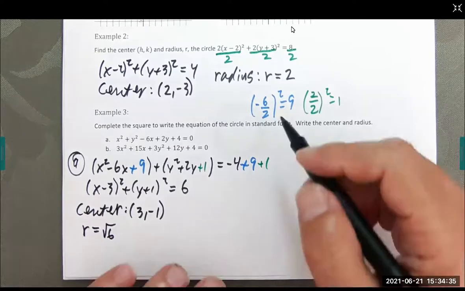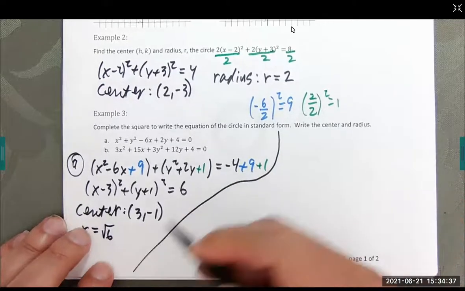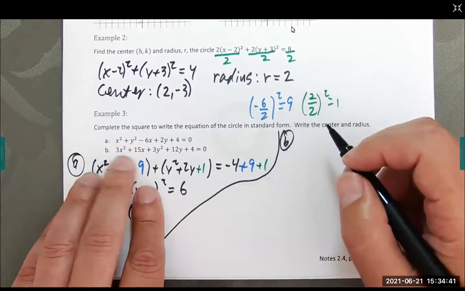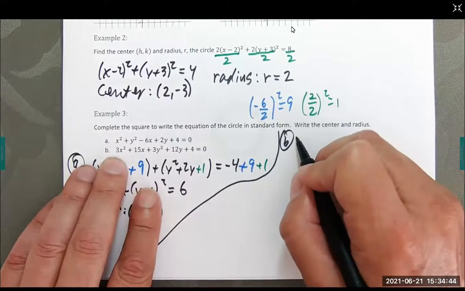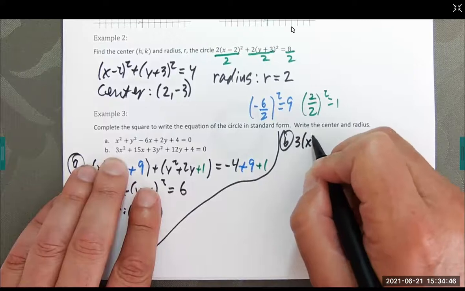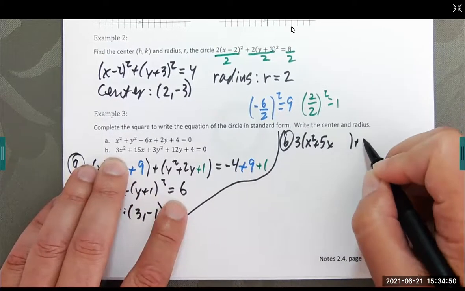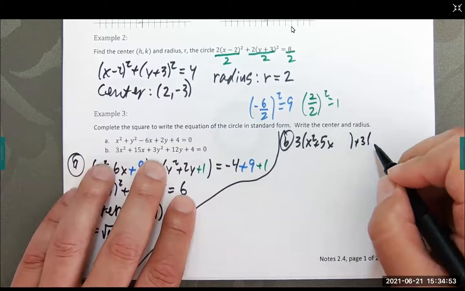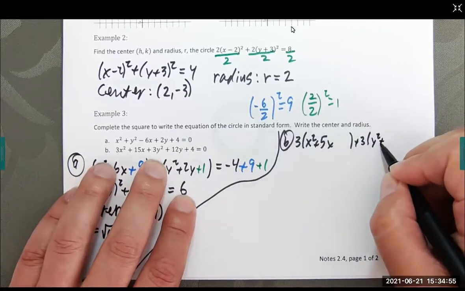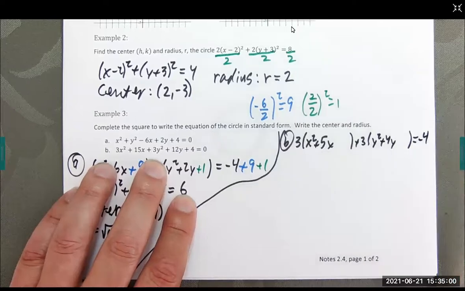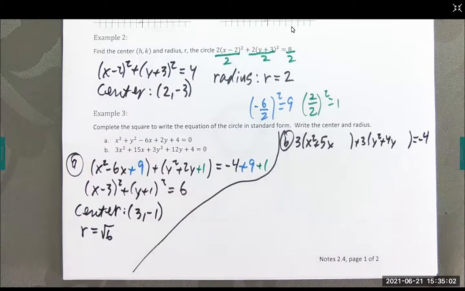For part B, because I'm getting a little low on space here, I'm going to factor out a 3 for the x terms. And on the y terms. Next, I got to complete the square, but this is going to get funky.